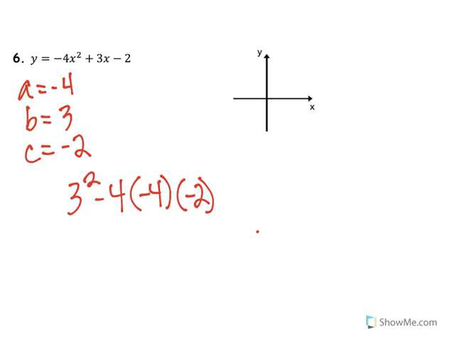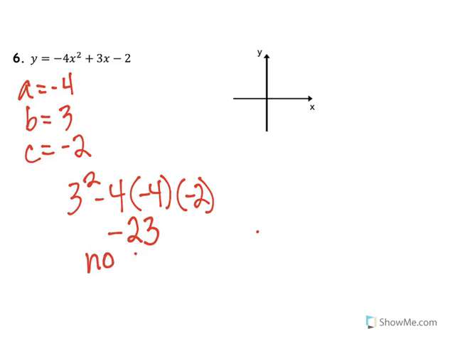What'd you get? Oh, no, don't tell me. Yeah. Can someone tell me what my discriminant is? What's the number that it is? Negative what? Walter. Yes.